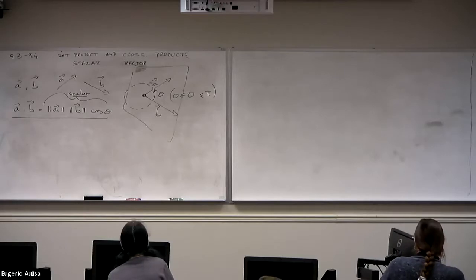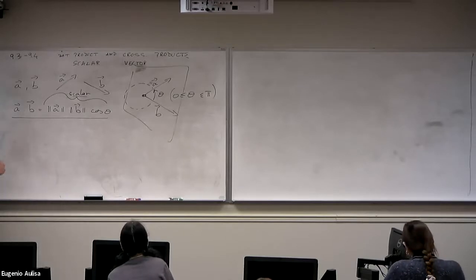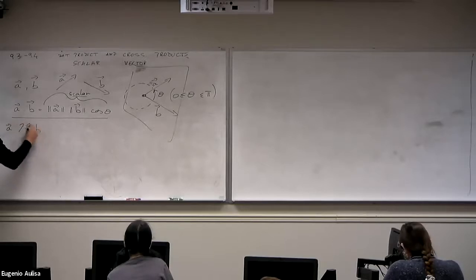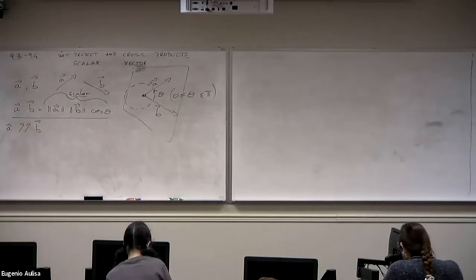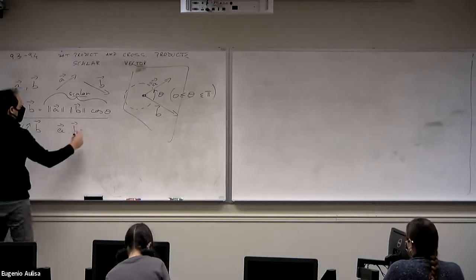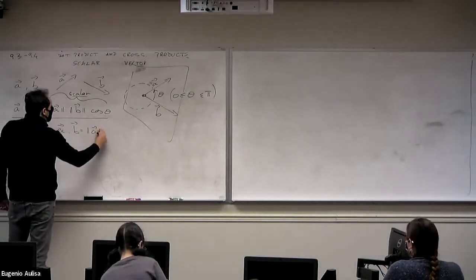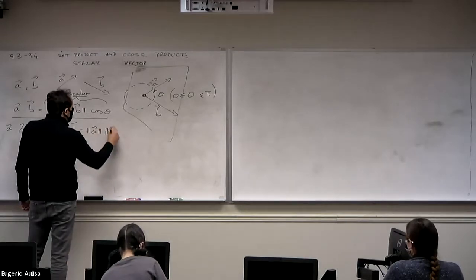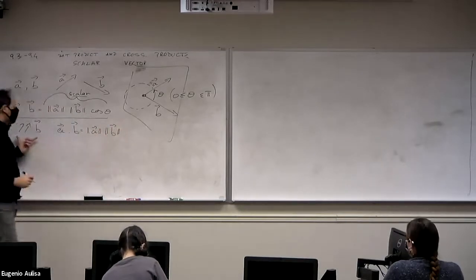Now, let's start making some distinction. So assume that A is parallel to B. A dot B is going to be what? It's going to be the size of A times the size of B times cosine of theta.